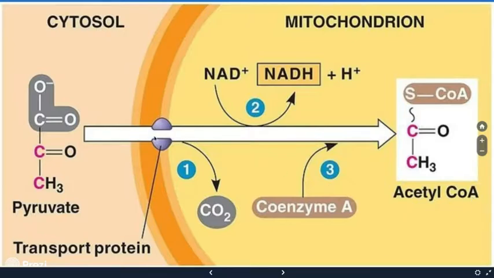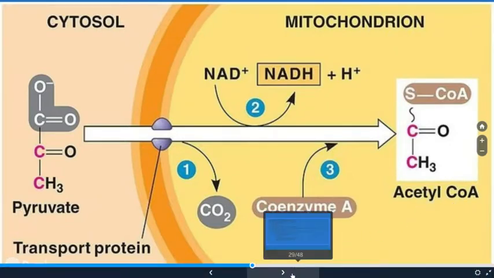This does very little for us. It does reduce an NAD+. However, there's no ATP produced, but it's just the next step in the process. Pyruvate cannot be used directly in the mitochondria, so we switch that to the acetyl-CoA. Acetyl-CoA is the start of the citric acid cycle or Krebs cycle.